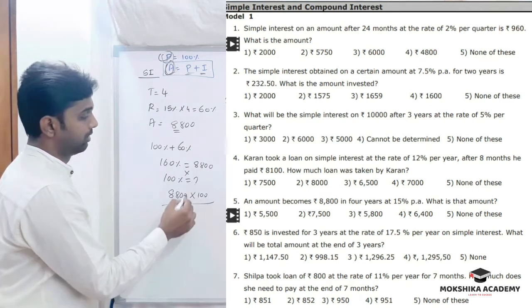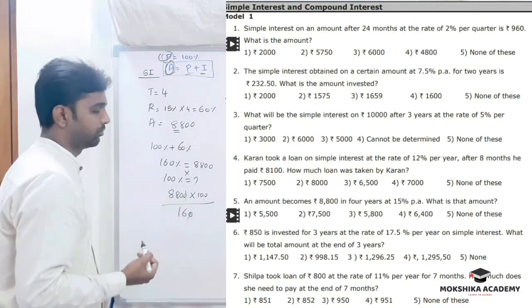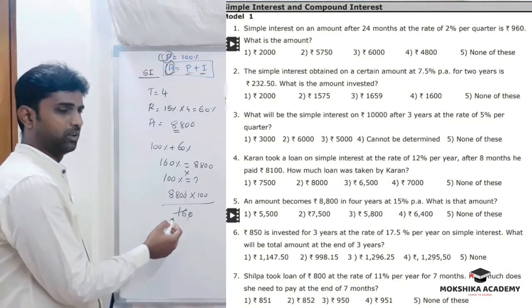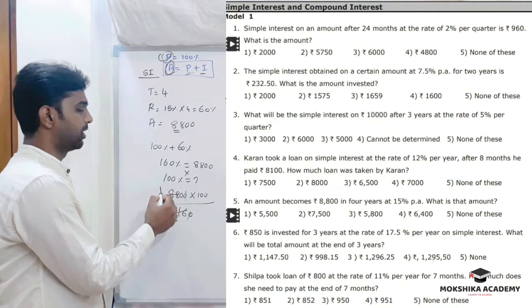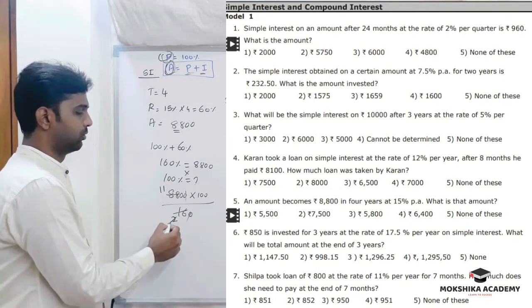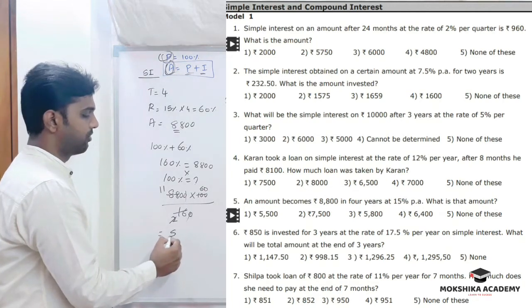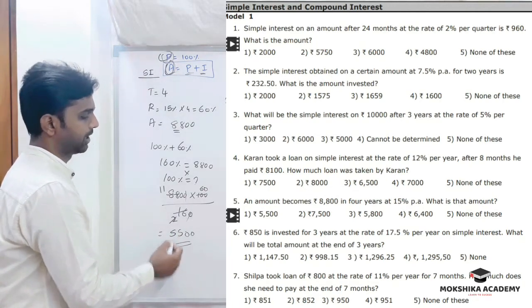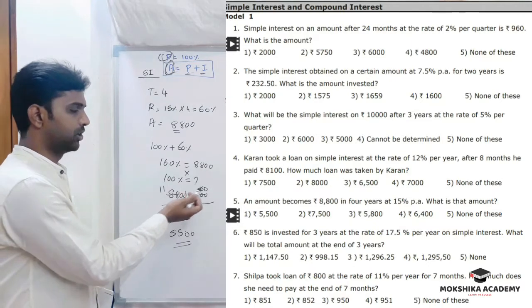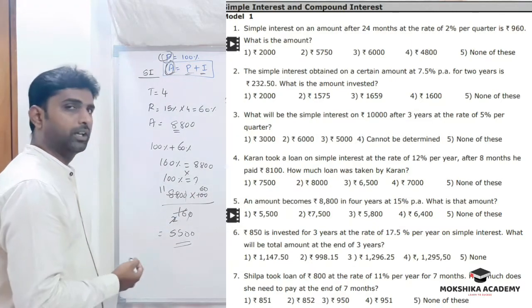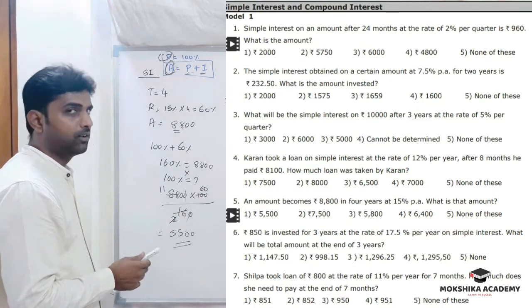So see, the zeros will get cancelled. You can divide by 8 only. 8 1s are 1,100, 8 2s are 2. 11 5s are 55. So one zero is there, another zero is there, put 2 zeros, and the answer is 5,500.